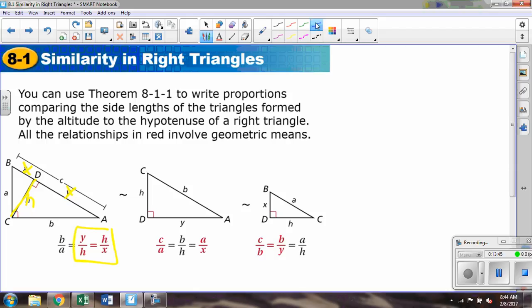Additionally, because of similarity, you'll notice how we've got A and A on a diagonal.